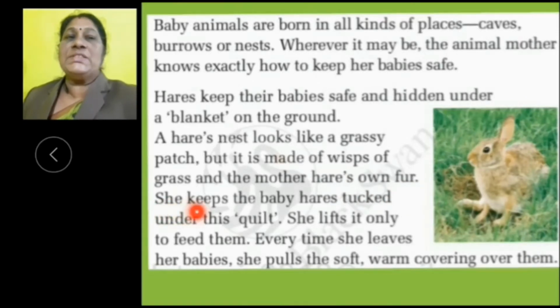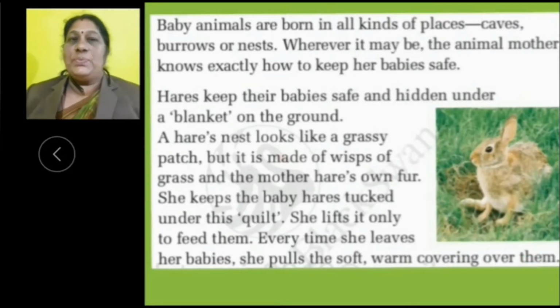She keeps the baby hares tucked under this quilt. She lifts it only to feed them. Every time she leaves her babies, she pulls the soft, warm covering over them.